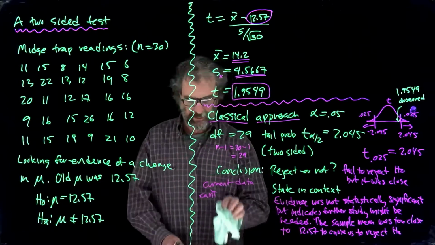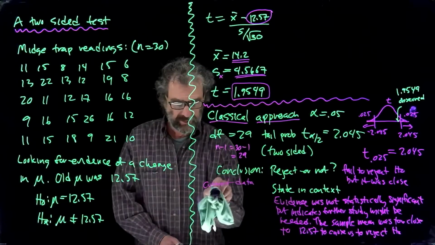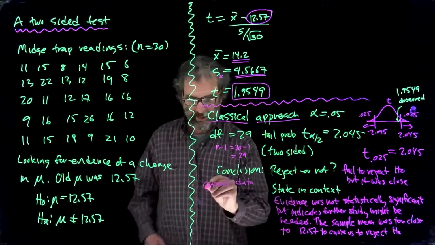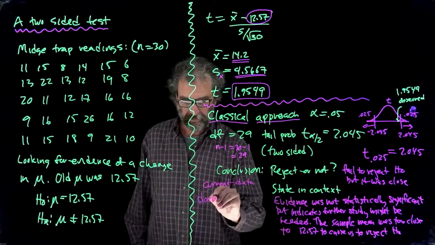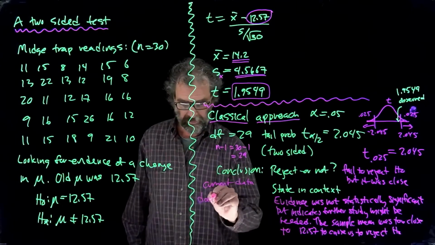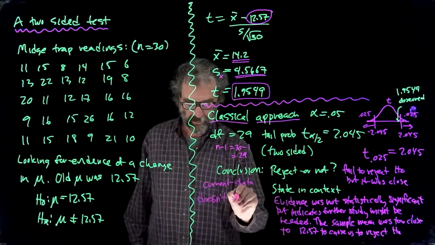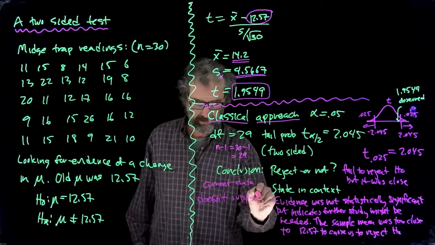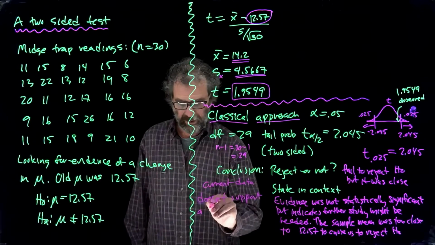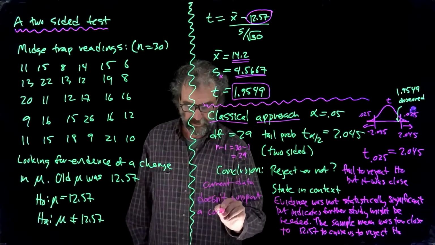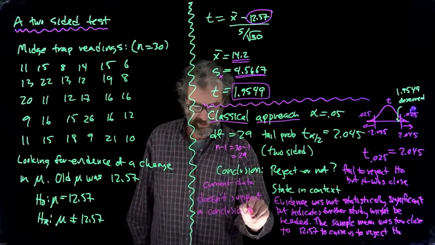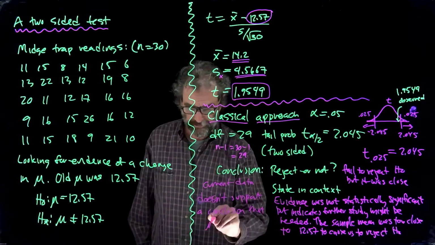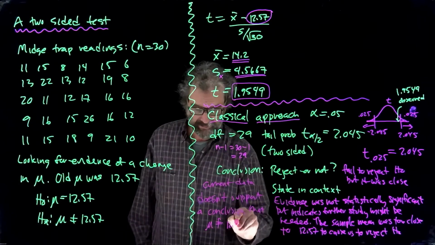I say current data doesn't support a conclusion that mu is not equal to 12.57. Try to say it every way I can.